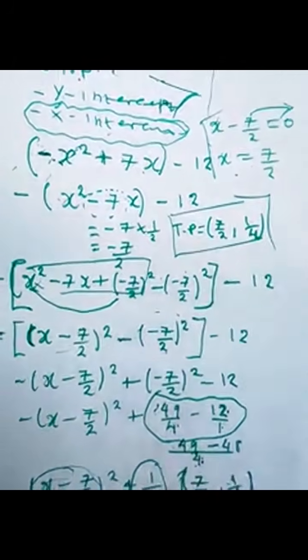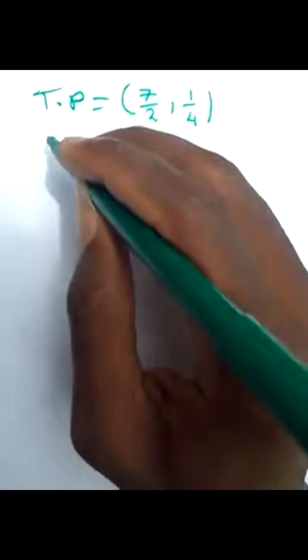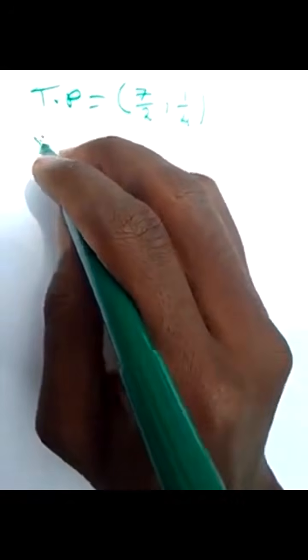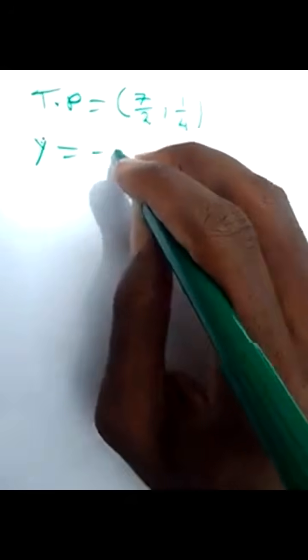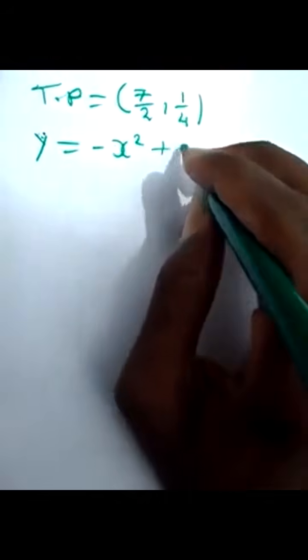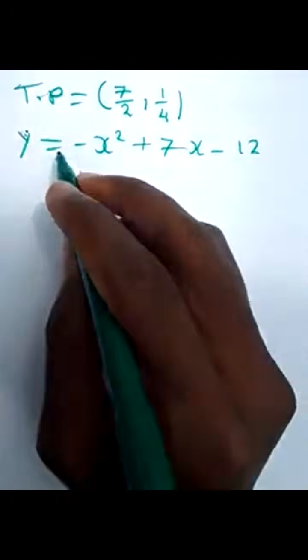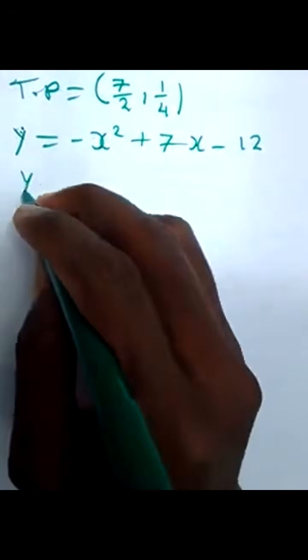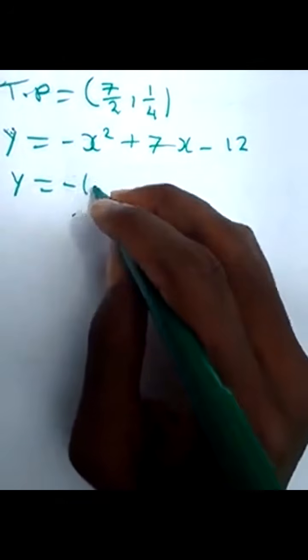Okay, so we have found the turning point, right? So now for me to find the y-intercept, first let me write the equation that we have been given, minus 12, right? So for me to find the y-intercept, I'm going to substitute x with 0. So y is equal to, where there's x, I'll put 0.